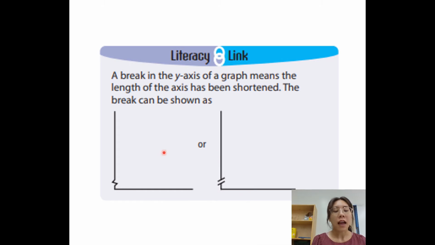If you're using line breaks in your graphs, only do so when the jump from 0 to the next number is very large and you want to skip a few, okay? But please be very careful and very cautious. If you are not sure when to use them, please make sure you consult with me before you use it.